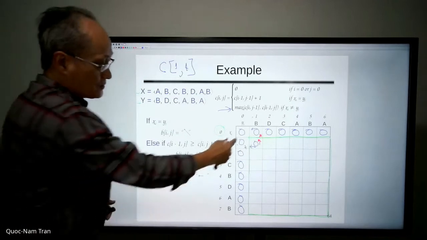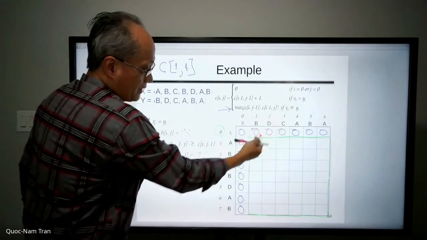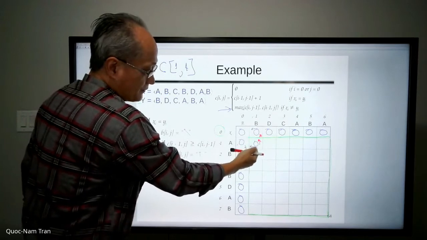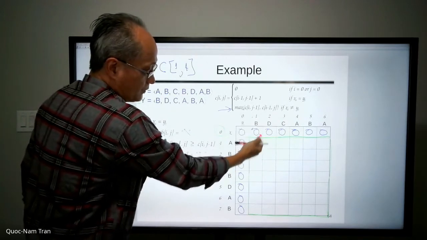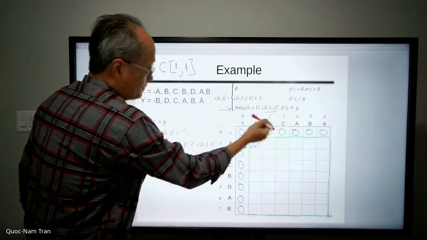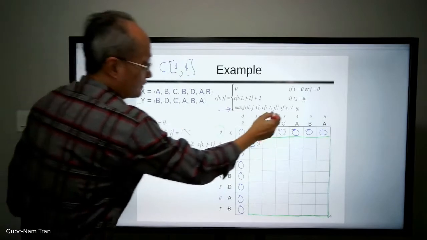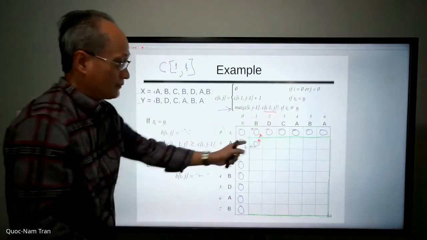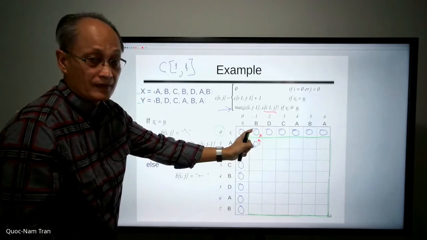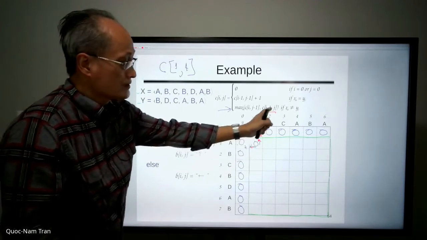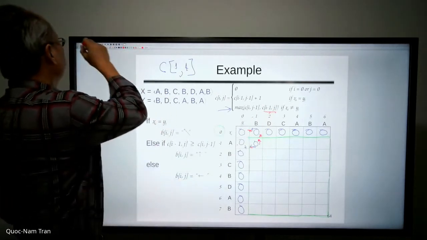Because this way means here we have the same ith, but here we have the above row, same color, right? So that's what we have.